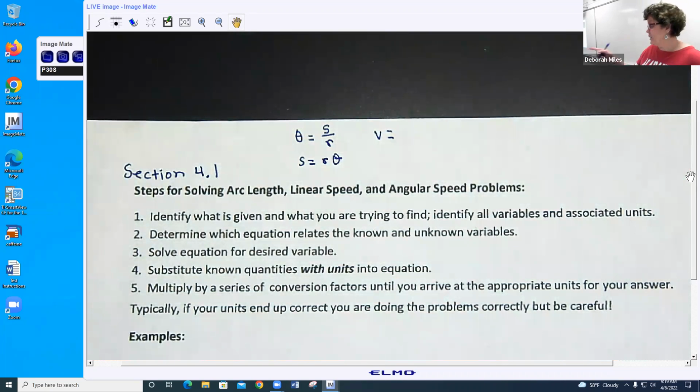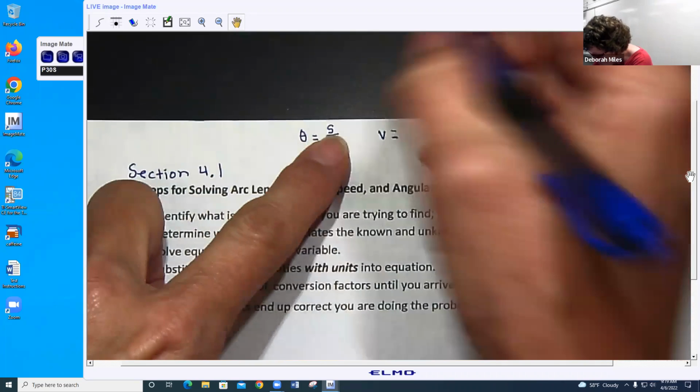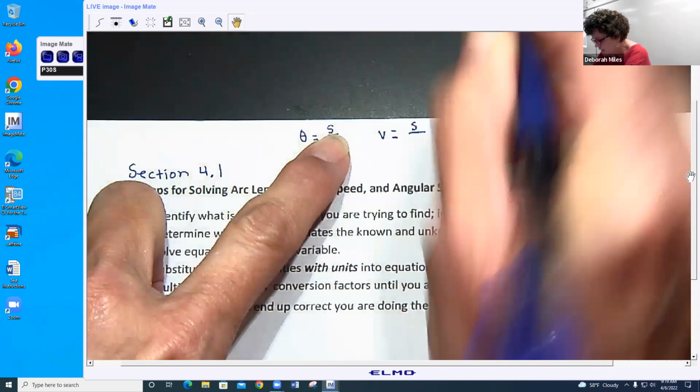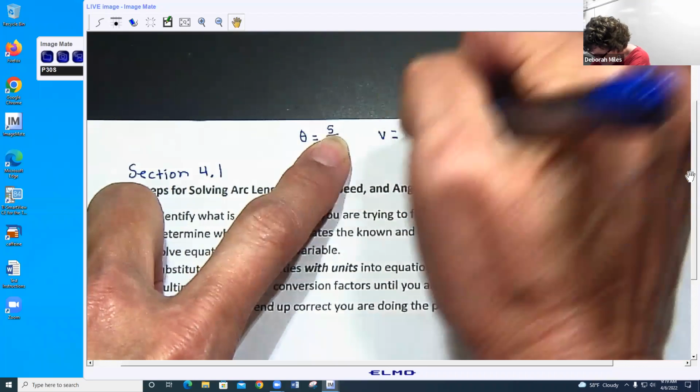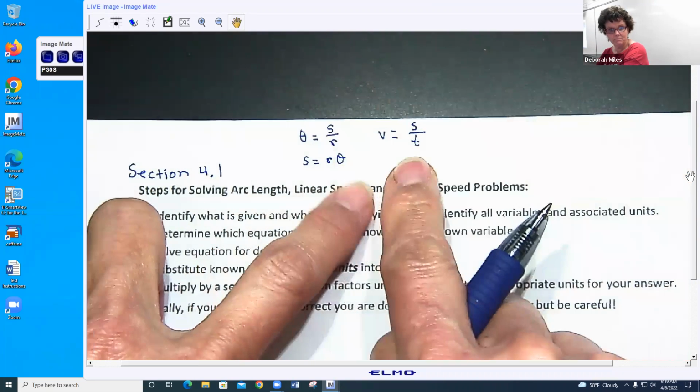That's angular velocity. Linear velocity is just distance divided by time. Just like distance equals rate times time, rate equals distance divided by time. Well, the distance is S, how far the minute hand maybe is traveling, divided by time.